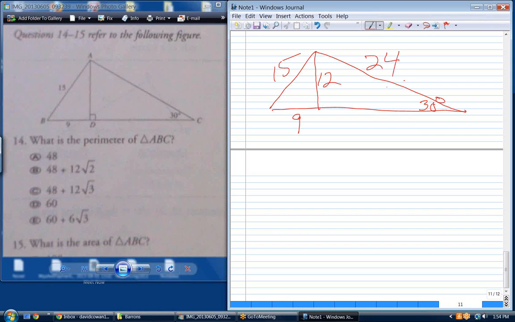And then what's this measurement from there to there? 12 square root 3. Now what's the perimeter of the whole triangle? Well, when you add 9 and 12 square root 3, did you say 12 plus 9?